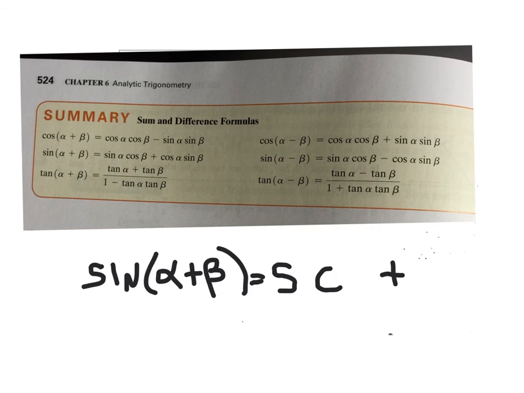That's from here, right? Sine, cosine. And then cosine, sine. And then notice throughout all of these we have the same alpha before beta, alpha before beta, everywhere, alpha before beta.